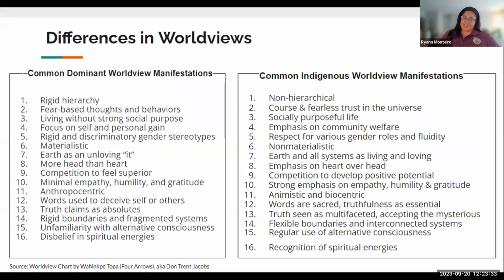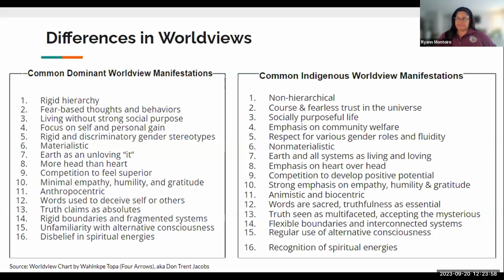I know this is very text heavy and we're not going to go through all of this, but it shows the difference in worldviews. On the left, we have common dominant worldview manifestations, and common indigenous worldview manifestations. This chart is by Four Arrows, also known as Don Trent Jacobs.